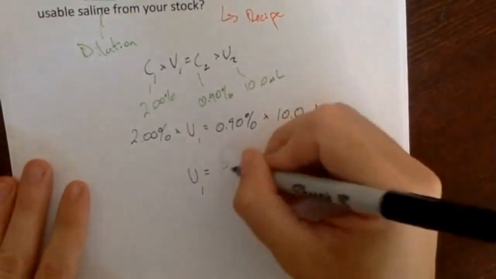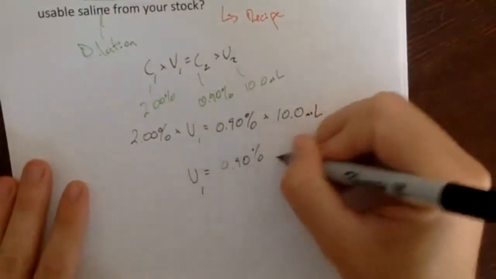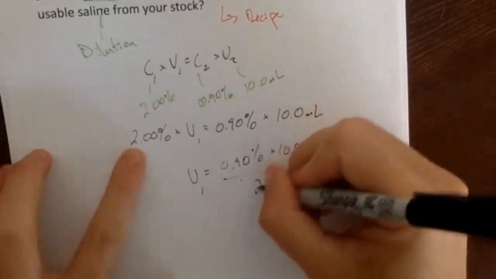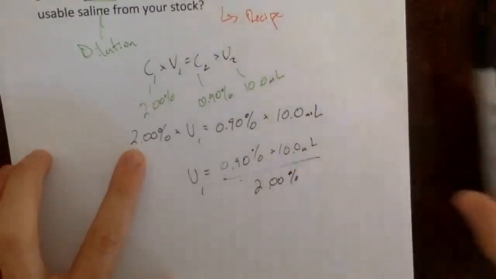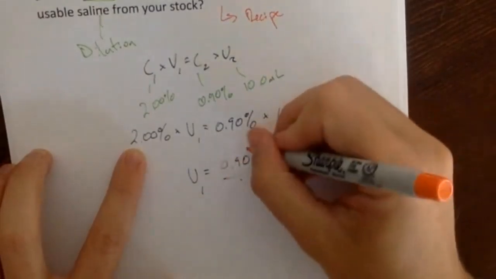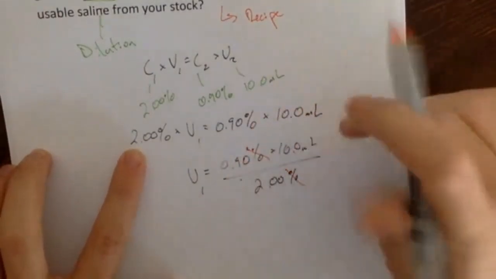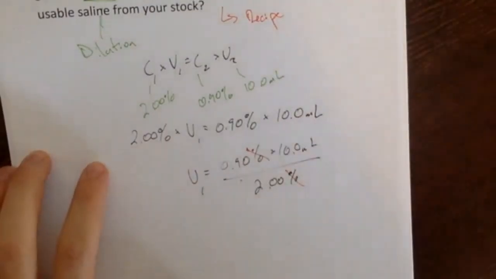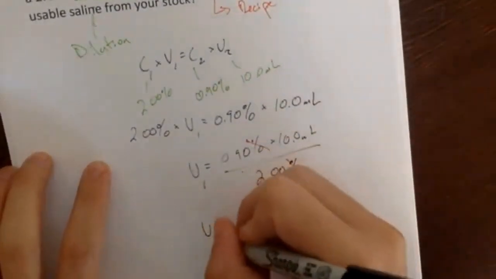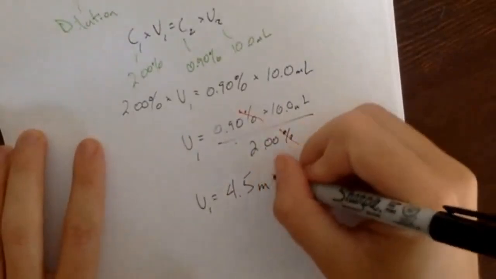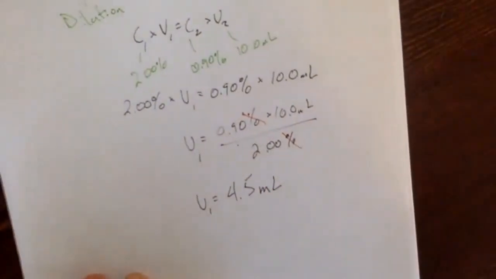V1 is equal to 0.90% times the 10.0 milliliters divided by 2.00%. Those percentages cancel out. The only thing left is the milliliter units. 0.9 times 10 is 9, divided by 2. V1 is equal to 4.5 milliliters.